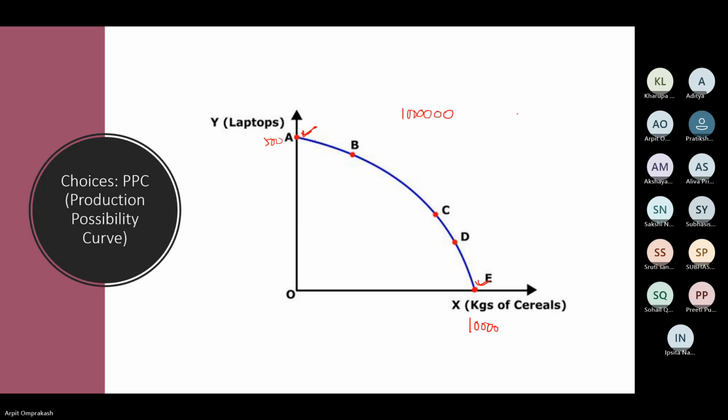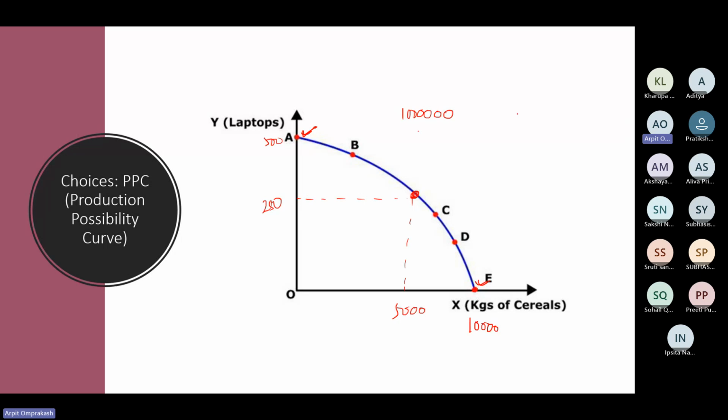So let's say there's some point here where you can produce 5,000 kgs of cereal and 250 laptops. This will also use up all your 1 million rupees, but now it is distributed in a way that you get half of this and half of that. So all the points that lie on this line maximize the use of the resource.